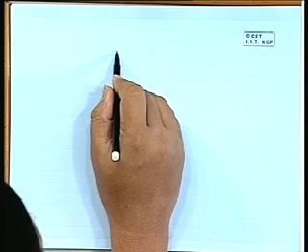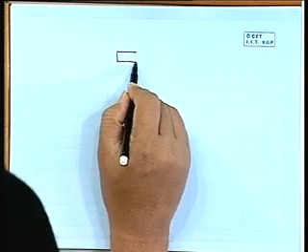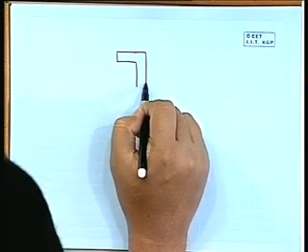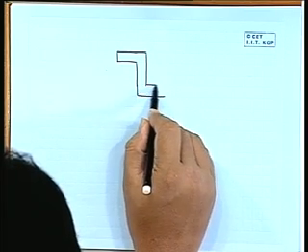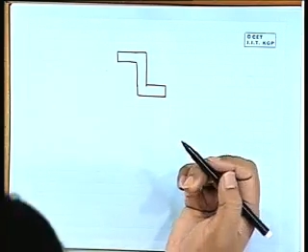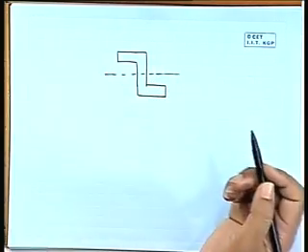It can be nicely explained with a section like this. Say it is a Z section, right. So the neutral axis is this.